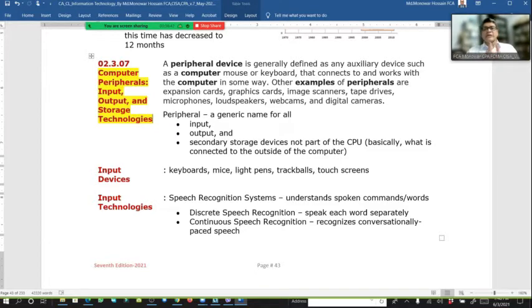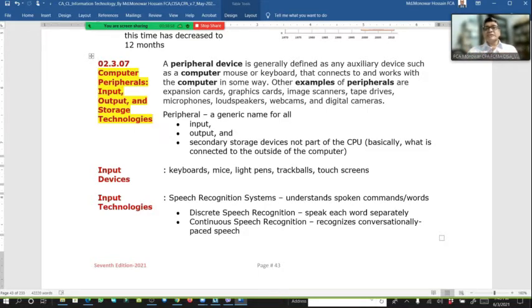That means the item is not built in or included with the computer system. We can include it through the device. That type of item or device we can call a peripheral device.